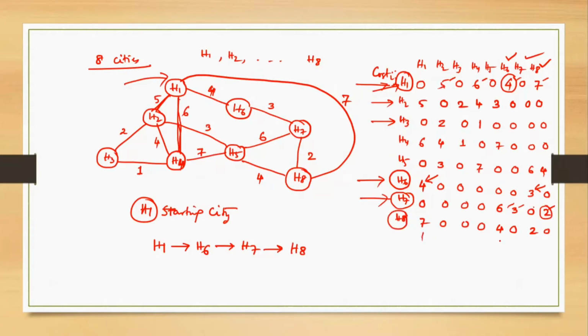Among these 3 non-zero entries, 2 is the minimum. Identify the city number. 2 is the minimum, but the city number is H7. But H7 is already visited.